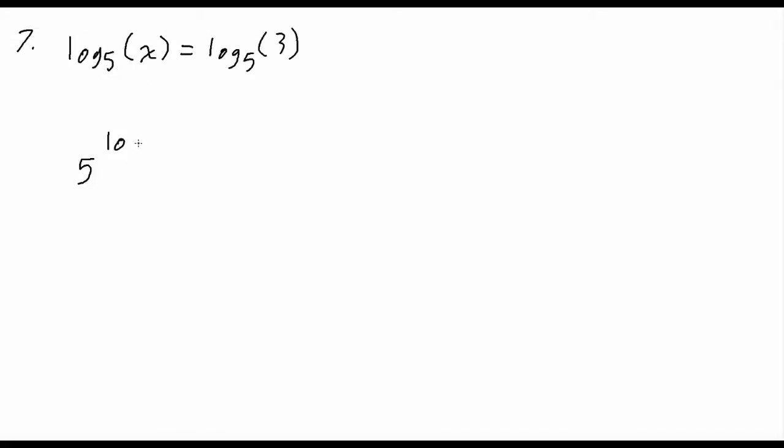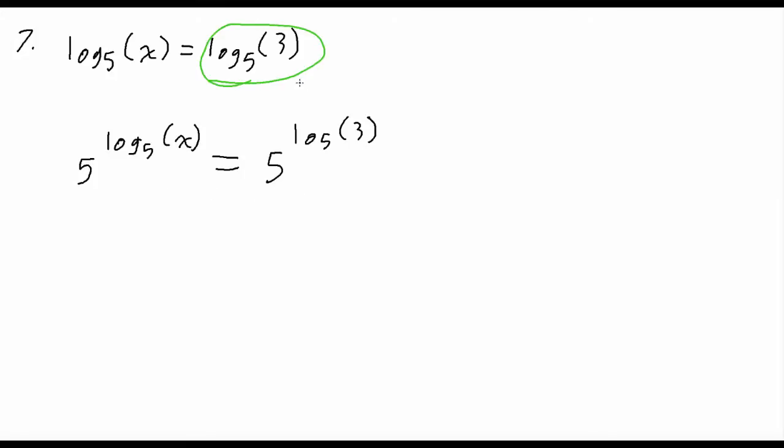So like log base 5 of x is the exponent on this side, and log base 5 of 3 is the exponent on this side. So you take this and turn it into the exponent that you're raising 5 to. How did I choose 5? Because 5 is the base of both of these logarithms. So how does this help us?